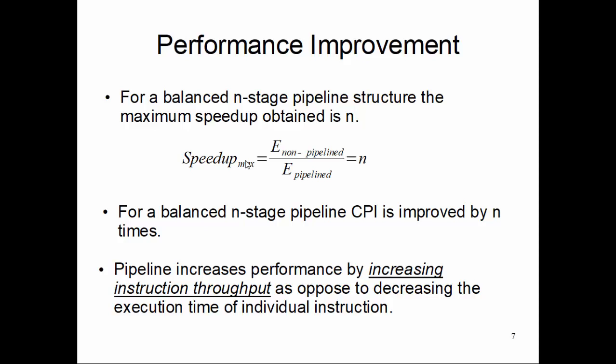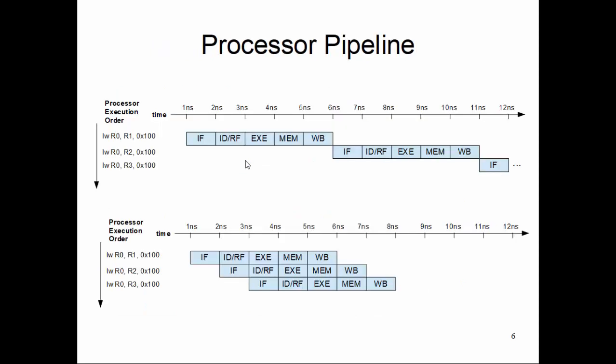Also, pipelining increases performance by increasing the instruction throughput, of course. Let's go back to this slide. If you look at the individual instructions, they will take 5 clock cycles individually, right?